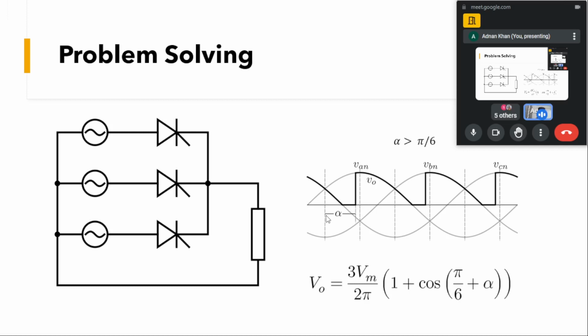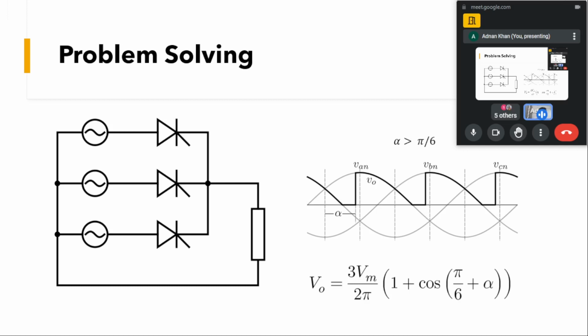So when alpha will be equal to 120 degree, from this portion, if you can trace this waveform of VAN voltage, if alpha is at the position of pi, we won't be having any output voltage, we will be having a zero output voltage.